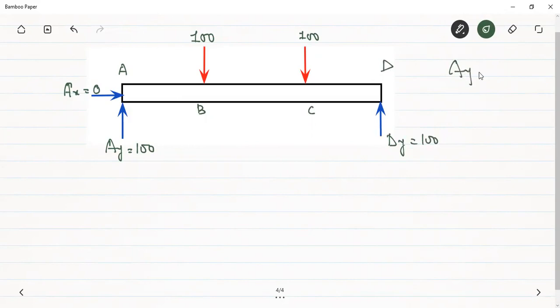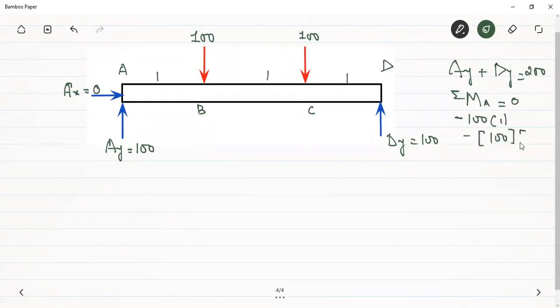Or you can find the reactions by using those two equations. Summation of the moments about A to be 0. Minus 100 into 1. This was 1. This was 1. 1 I had taken. This 100 will create again a clockwise moment about A. That will be minus 100 into 2 here in this case, plus Dy into, because Dy will create anti-clockwise moment, Dy into 3.